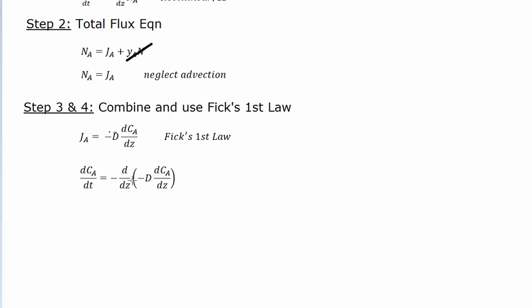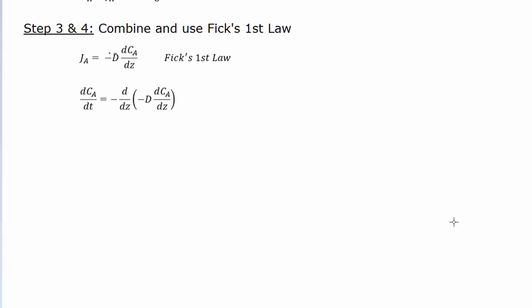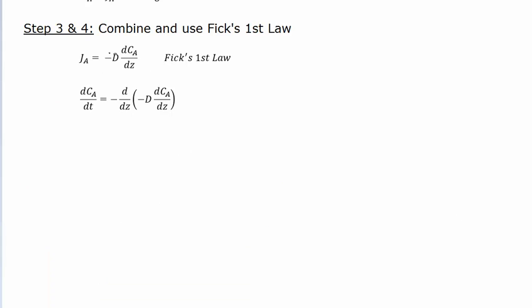Since N_A equals J_A and J_A equals this from Fick's first law, all we need to do is move this directly into there, and we'll get the following expression. Pulling out the D and the negative sign, because they cancel out, we get what is referred to as Fick's second law.